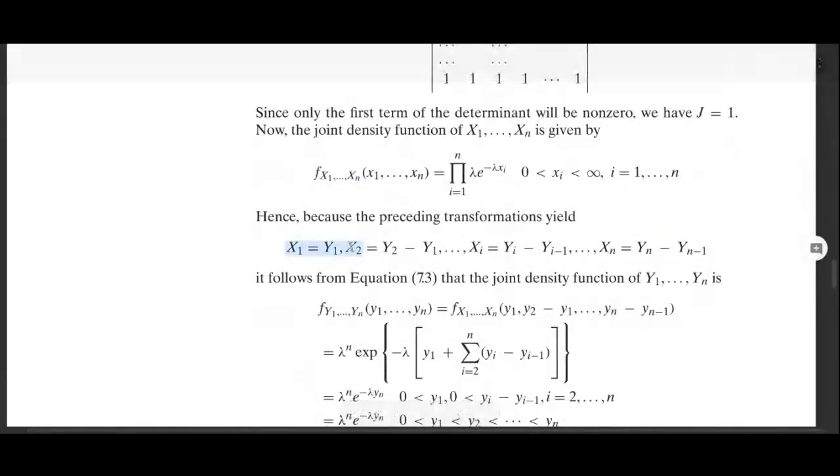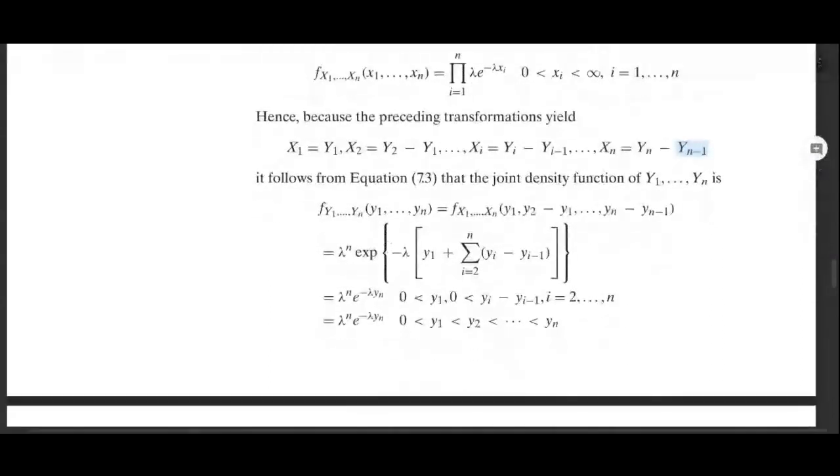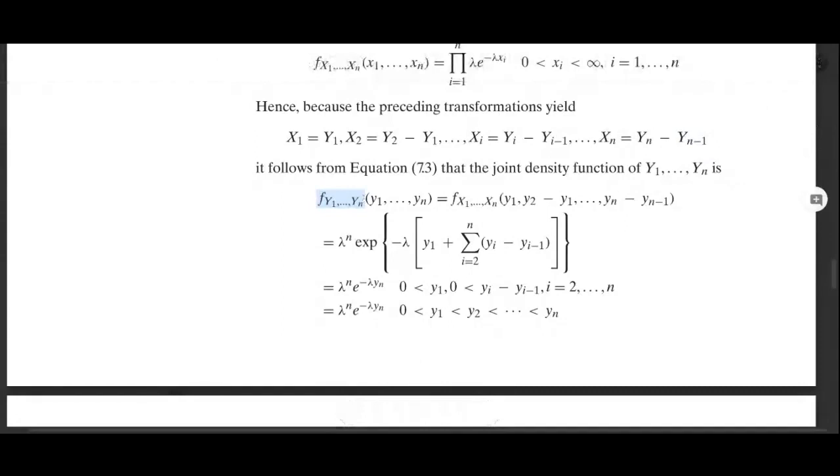Then if we want to solve for x in terms of y's, we have this, where x1 equals y1, x2 equals y2 minus y1, xi equals yi minus y(i-1), and xn equals yn minus y(n-1). That's the last one. Okay. So it follows that the joint density function on y's is the same as the joint density on x with these new variables, right? New variables represented by y.